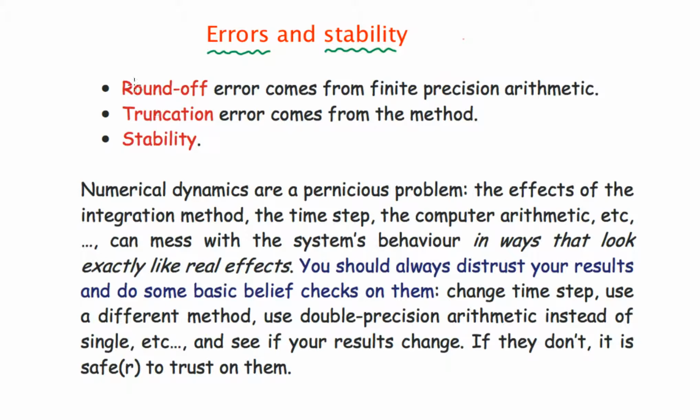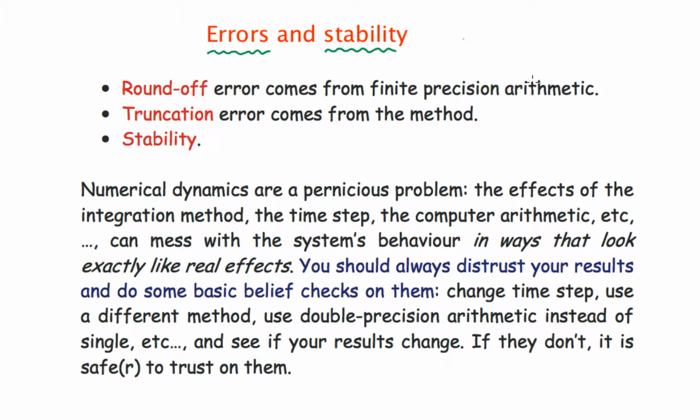So the two different errors that we are going to consider are, first, round-off errors, which come from the finite arithmetic precision we are considering for the numbers we are using in the computers. Of course, the numbers don't have infinite precision.